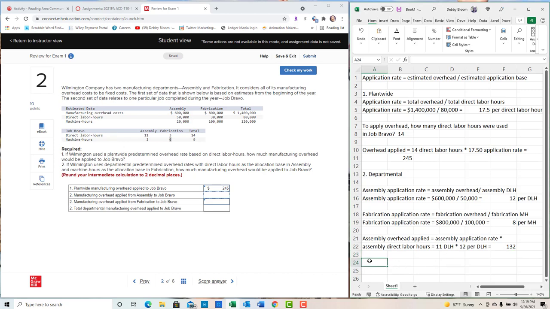Now we have to put in our fabrication overhead applied. For that, we're going to use the fabrication application rate and multiply it by the fabrication machine hours, once again because we're told in the problem that machine hours is the allocation base in fabrication.